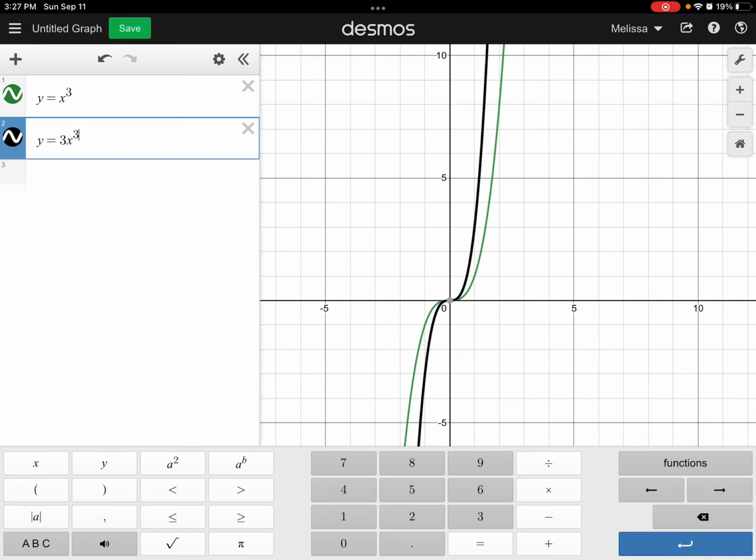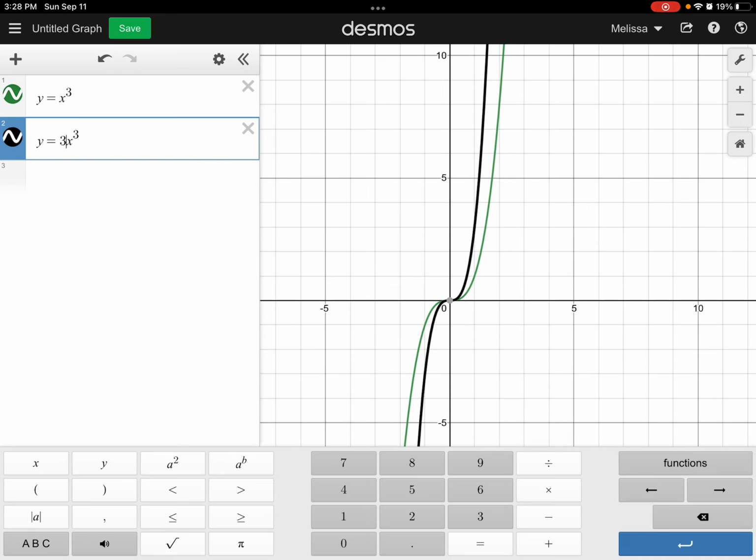So think about grabbing the top and bottom of the green function and pulling it up and down. That's what it means by vertically stretched. That vertical stretch looks a whole lot like the horizontal compression. And it's because they're kind of the same. And so that's why I say it's difficult to look at a graph and say, oh, this one's this or that, because of how similar they look.